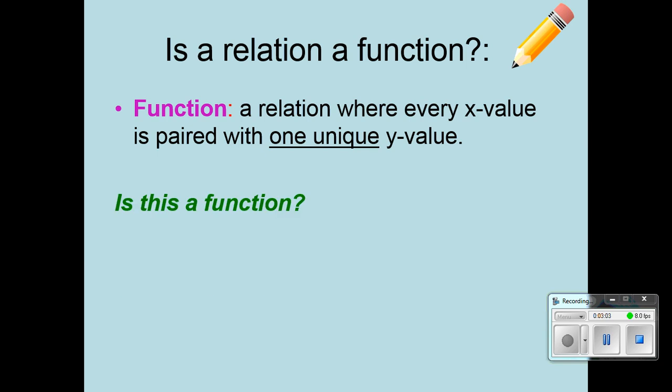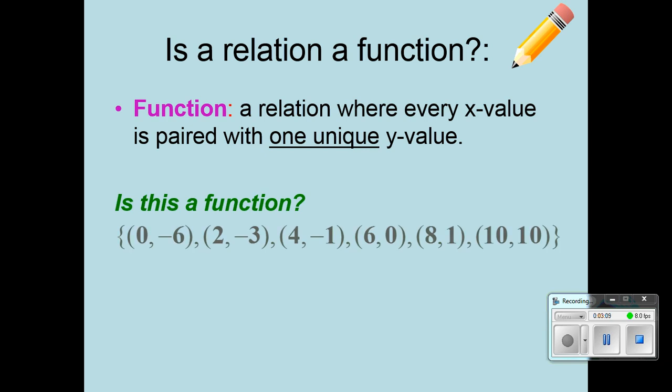So I'm going to ask you, is this set of ordered pairs that I'm going to give you a function? I know it's a relation because it's a set of ordered pairs, and every set of ordered pairs is a relation. But now I want to know if it's a function. Does every x have a unique y?